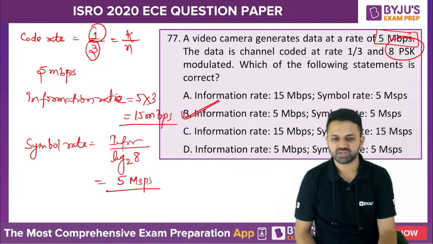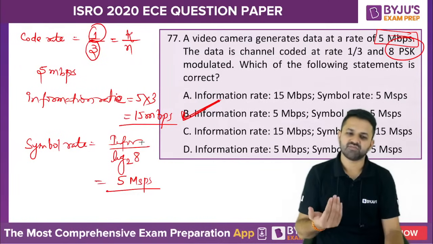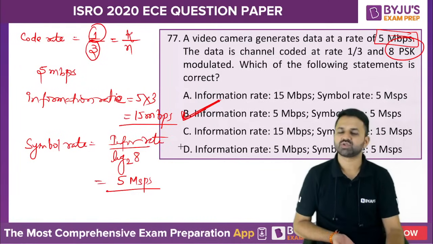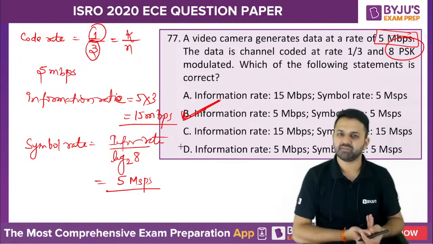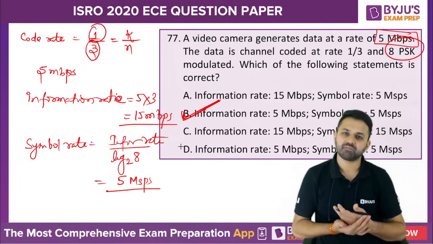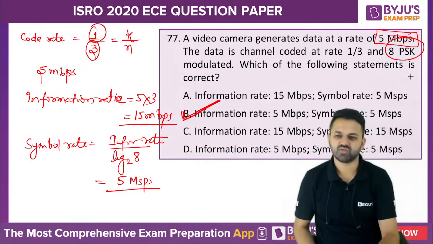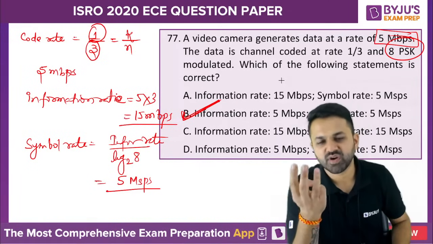So the answer is option number B. The symbol rate is the bit rate divided by log base 2 M. We are using 8 PSK, that means 8 levels, so the number of bits required per symbol will be 3.